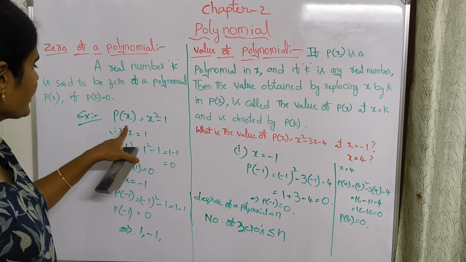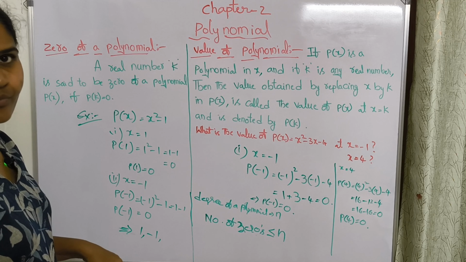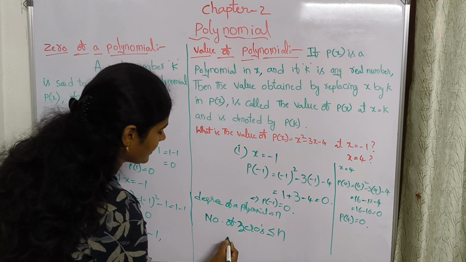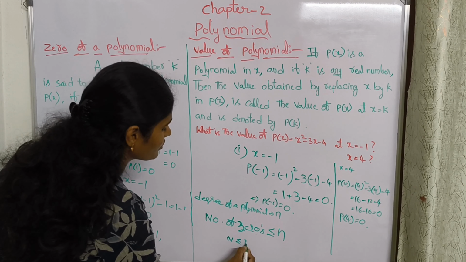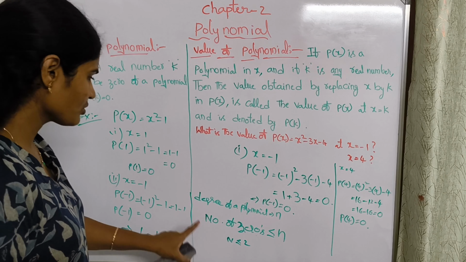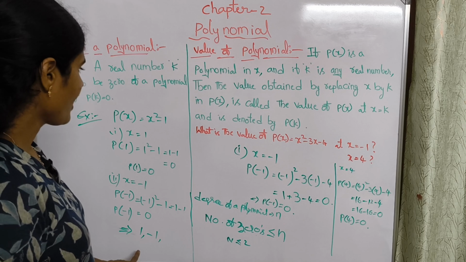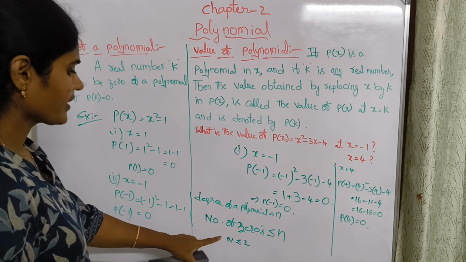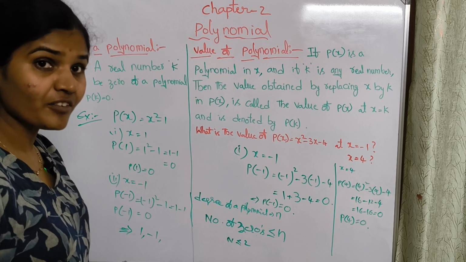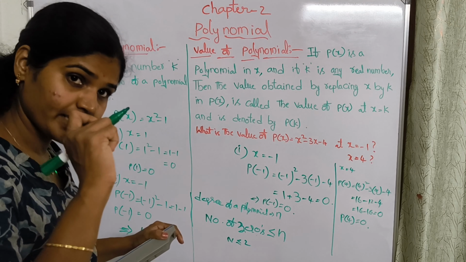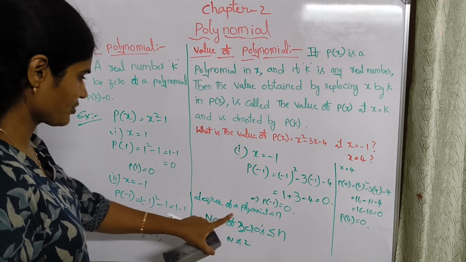Here what is the degree of a polynomial? 2. So number of zeros of a polynomial is less than or equal to 2. So those zeros values are either 2 or less than 2.